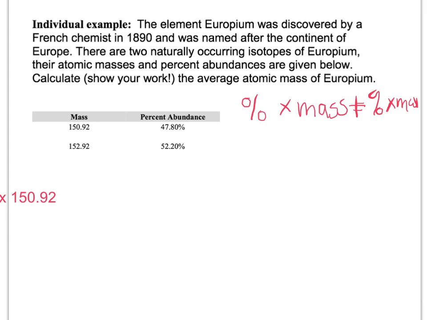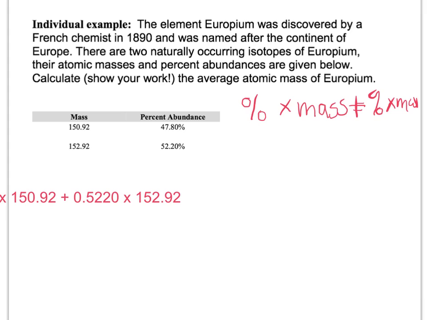I'm going to add that to my second isotope, which has a percent abundance of 52%, which I'm going to change to the decimal form of 0.522, times 152.92.